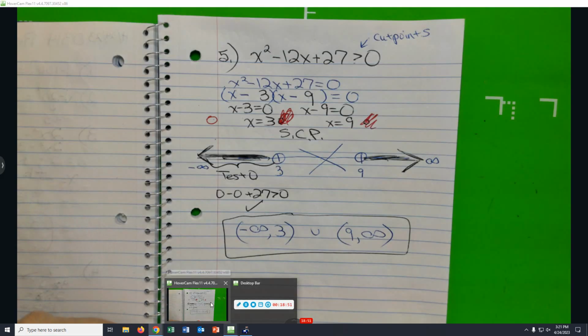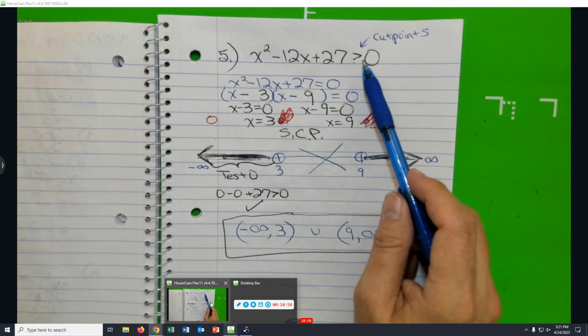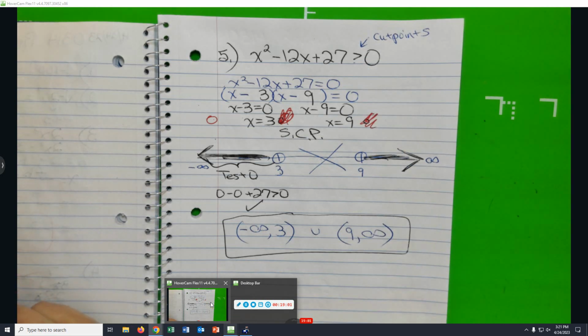How do we know to do this cut point stuff? Because there's a less than or greater than symbol in it. Okay? That's how we solved inequalities.